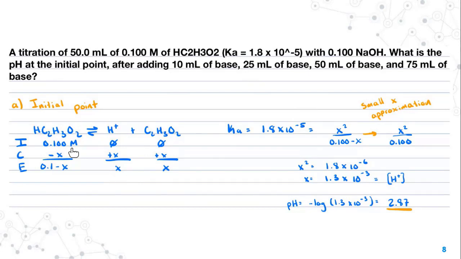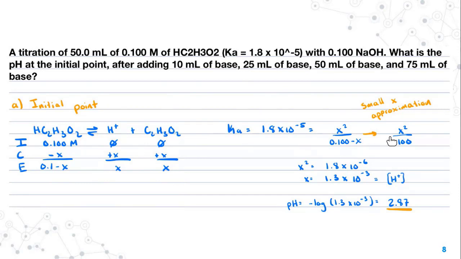So at our initial point, what is that? We want to set up an ICE table, like I said earlier. We set up the ICE table, do our change, and set up our Ka value. Here we can do a small x approximation, since the Ka and the concentration differ by a factor of over 1,000.